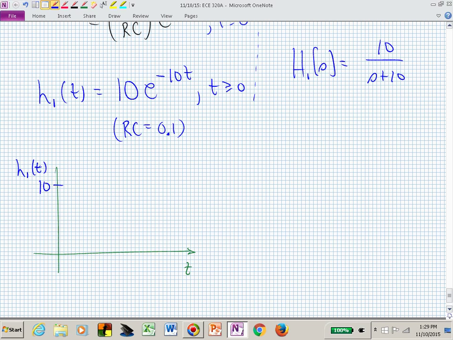And when are we going to be done? 5 time constants, and what is our time constant? 0.1. So now in 1/2 of a second, we are finished. So these scales are not the same, but by the time we get to 0.5, we are 1% of 10. We're at 0.1.